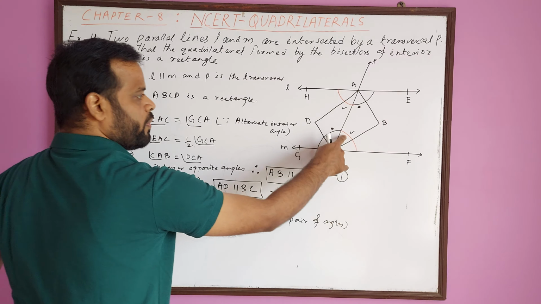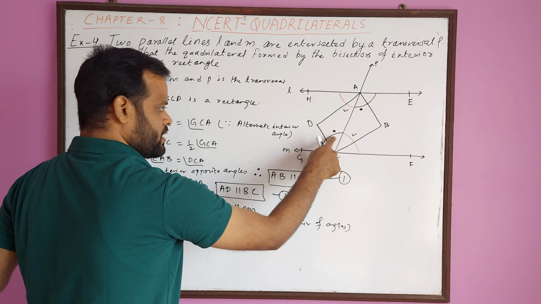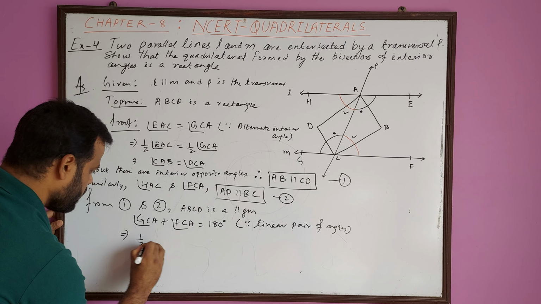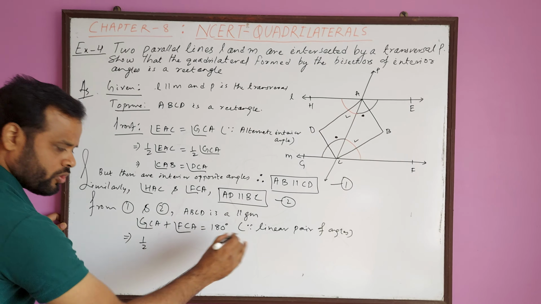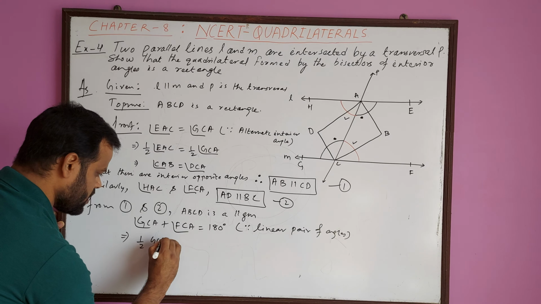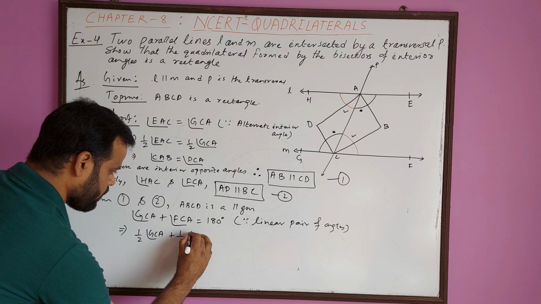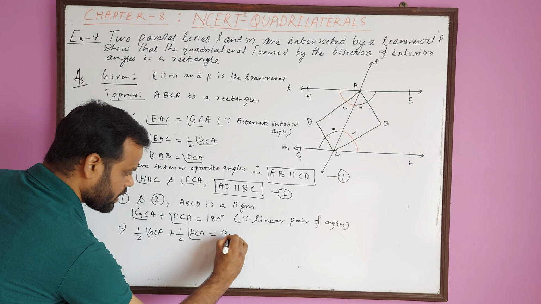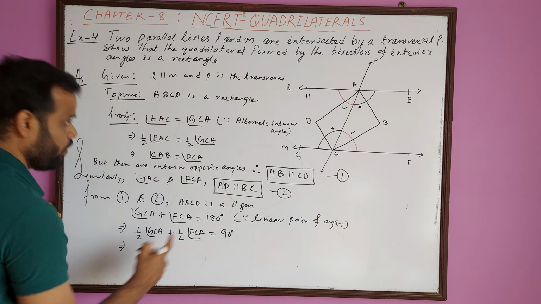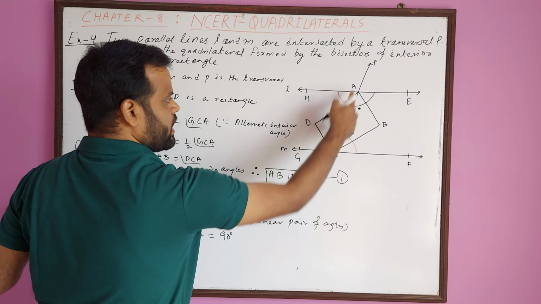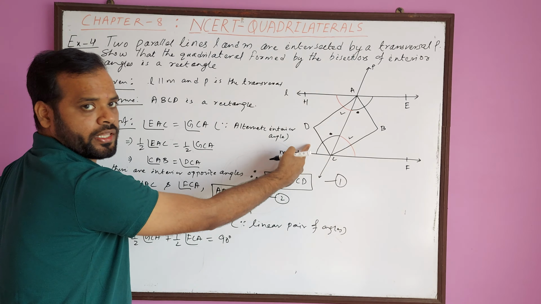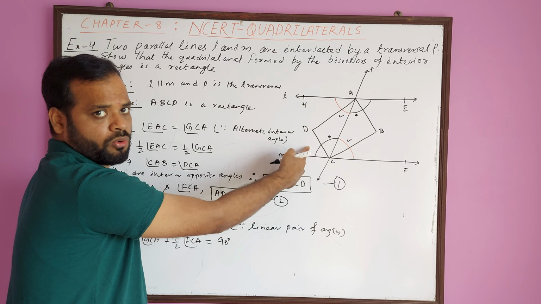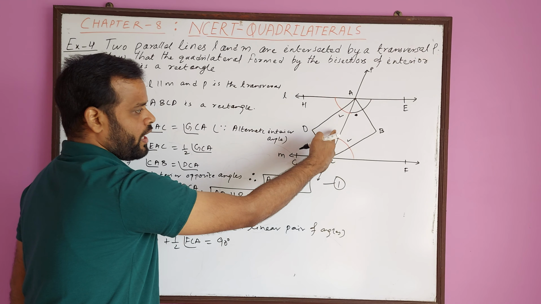Now we want to come inside, so we multiply half on both sides. Half of GCA plus half of FCA is equal to half of 180 degrees, which is 90 degrees. We are not interested in this angle because it is outside the quadrilateral ABCD.